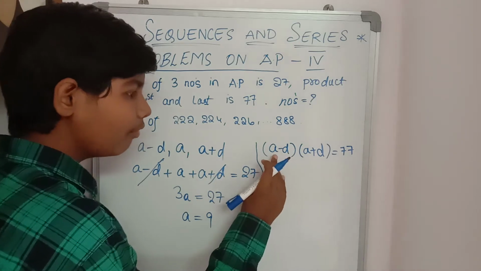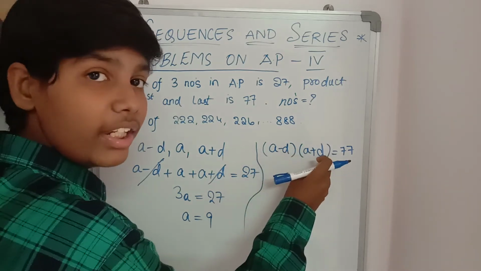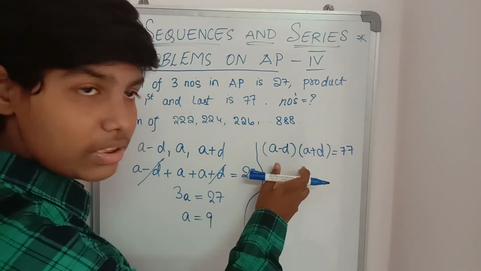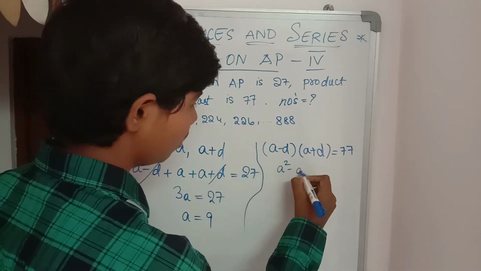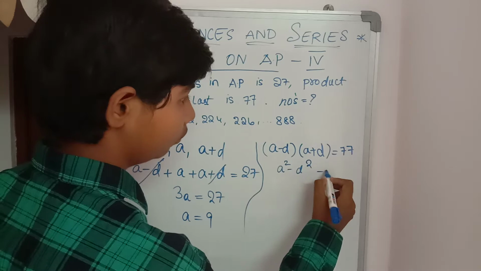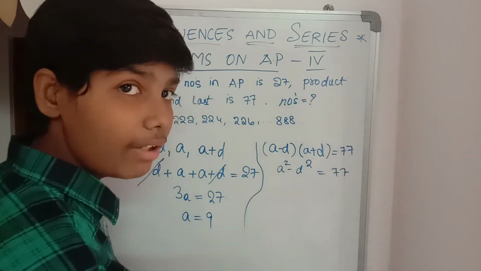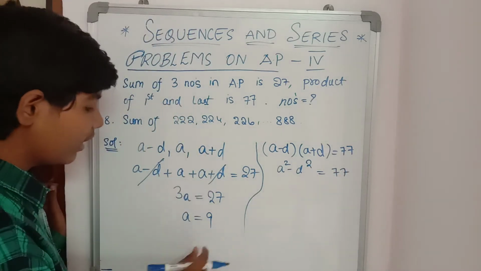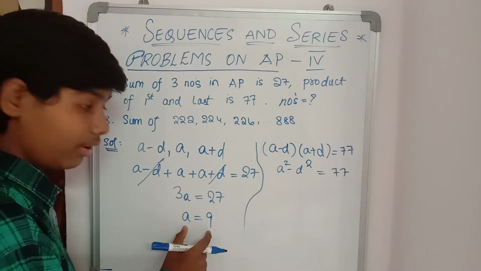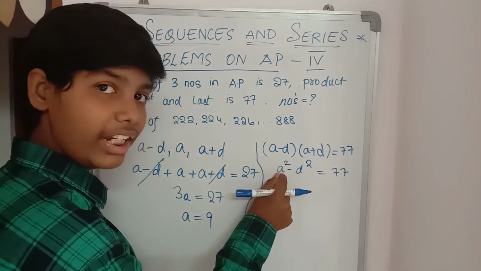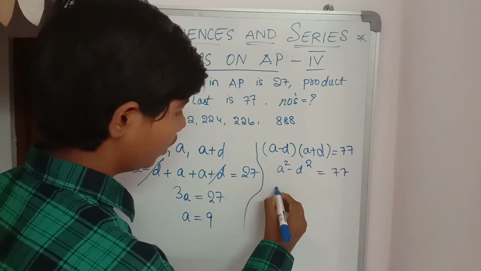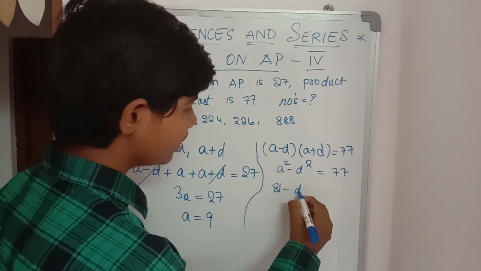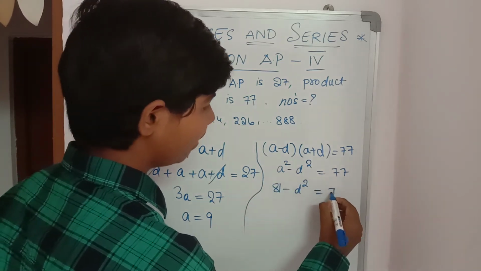It is of the form A minus B into A plus B, and the formula is A squared minus B squared. So A squared minus D squared is equal to 77. From the first condition, A is 9. Substituting, 9 squared is 81, so 81 minus D squared is equal to 77.